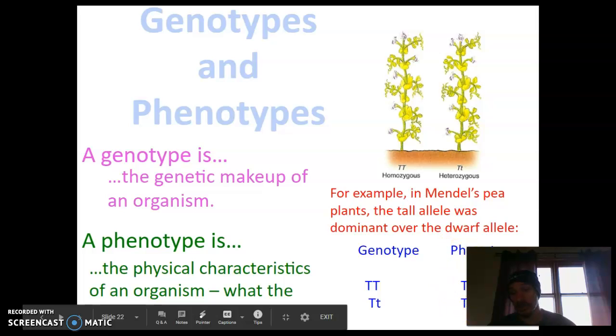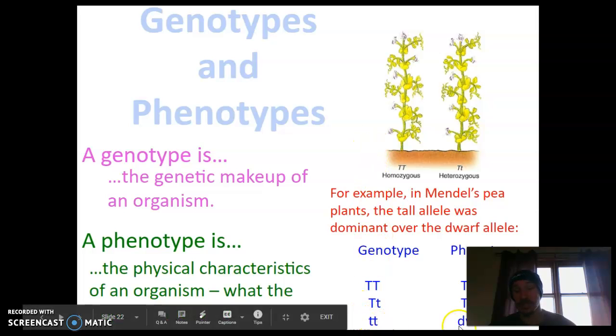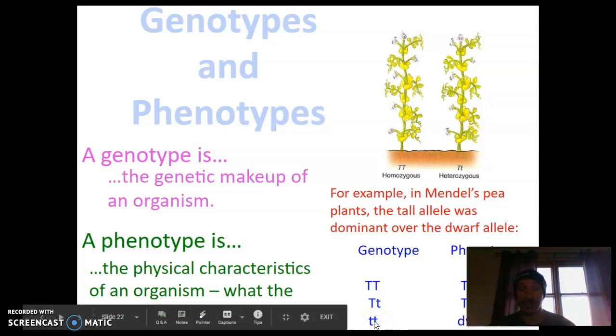So if we just looked at the phenotype, we couldn't tell a difference between these two plants. But if we look at the genotypes, we can see that one is a hybrid and one is a purebred. And lastly, little t equals dwarf, right? 2 recessive alleles is what you need to express the recessive phenotype.